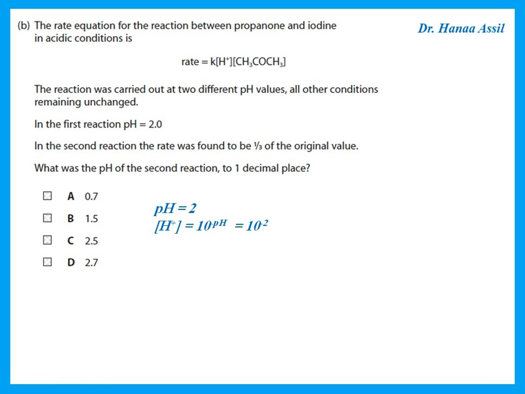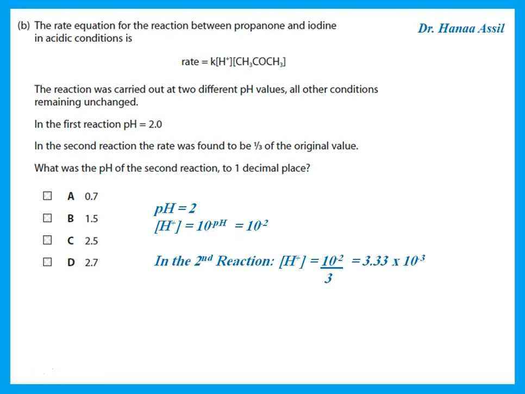Now, if the pH is 2, you should realize that the concentration of H+ ions is 10 to the minus pH, so that is 10 to the minus 2. Now, if the second reaction is 1/3 of the rate, remember, the rate is directly proportional to the H+ ions because it is first order to the H+ ions.